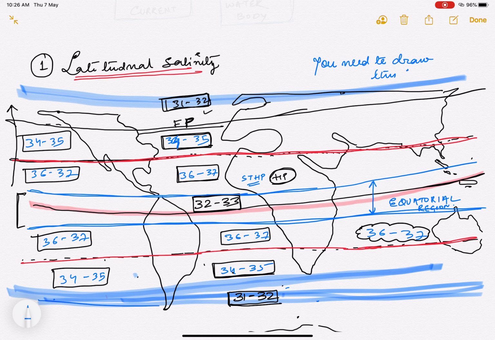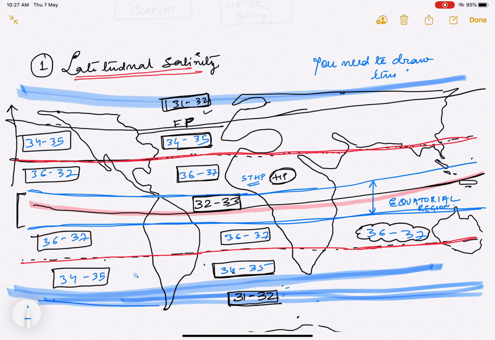Why? Because of the frontal precipitation. I hope you have read in climatology about the frontal precipitation. I have even made a video on that. If you do not know what frontal precipitation is, please look into Köppen's classification as well as temperate cyclones. Next we have your polar region.